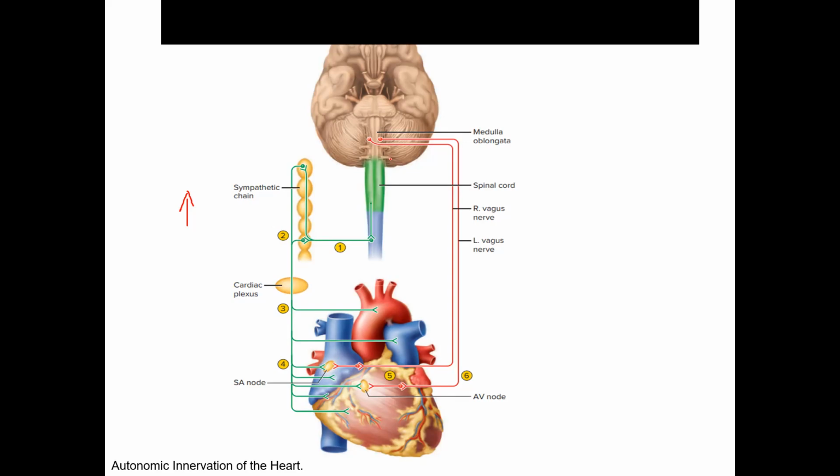Okay, understanding this? And here, the red one, this side, is the parasympathetic pathway. From the medulla oblongata, they go directly by the vagus nerve, right and left; the right goes to the SA node, and the left goes to the AV node, and they decrease heart beating.